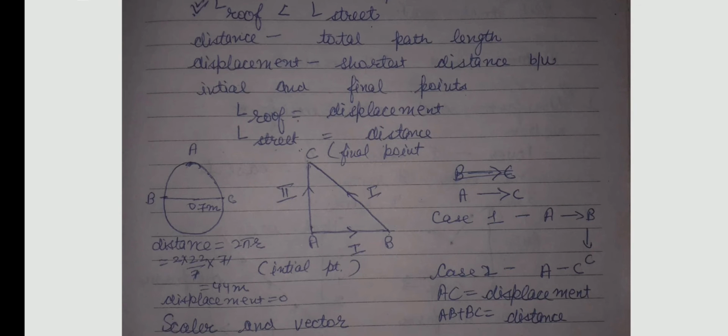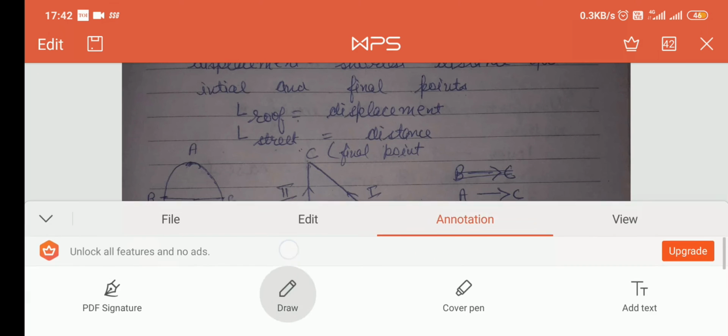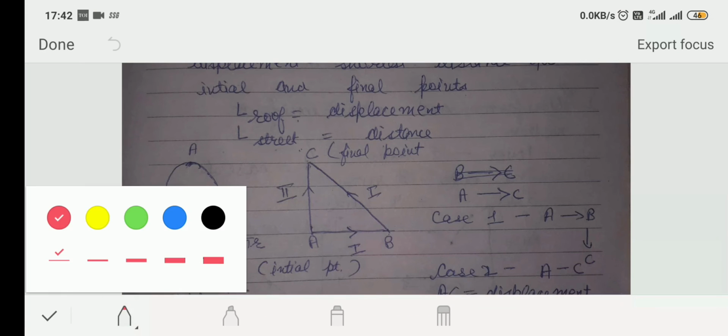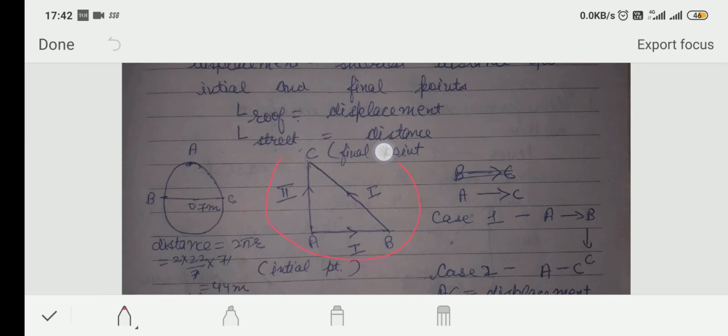See here, a right angle triangle ABC. If I say I want to go from A to C, in how many ways can I go there? First I go from A to B, then B to C, or I can directly go from A to C.